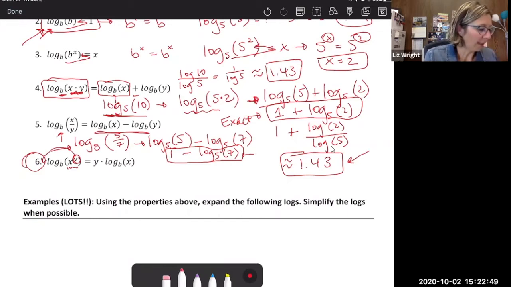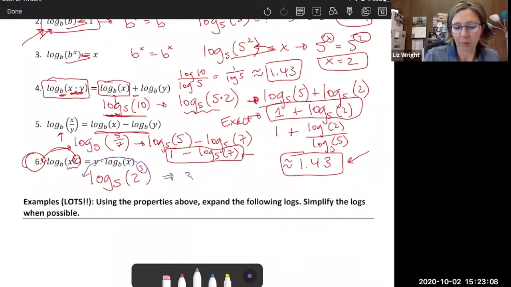So for example, if I had something like log base 5 of 2 to the 3rd power, what that says is I can take this exponent and bring it down. And so then I would have 3 times log base 5 of 2 in that case.